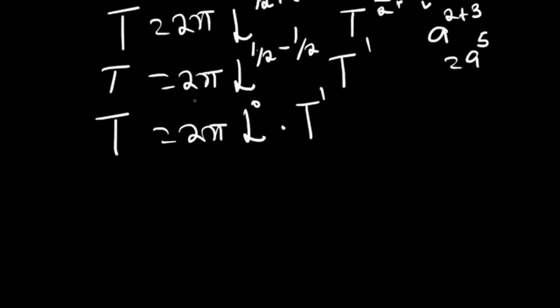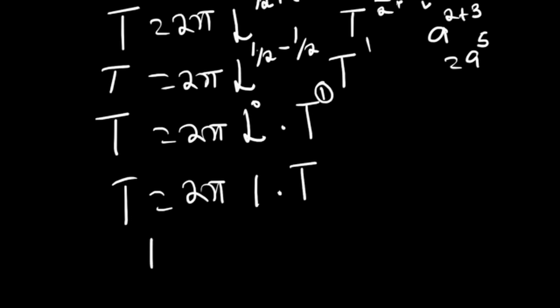Now let's proceed. T is equal to 2 pi. Any number raised to the power of 0 apart from 0 is equal to 1. This now becomes 1 times T. Remember that when you raise a number to the power of 1, it's still going to be the same number. Here we have T is equal to 2 pi.